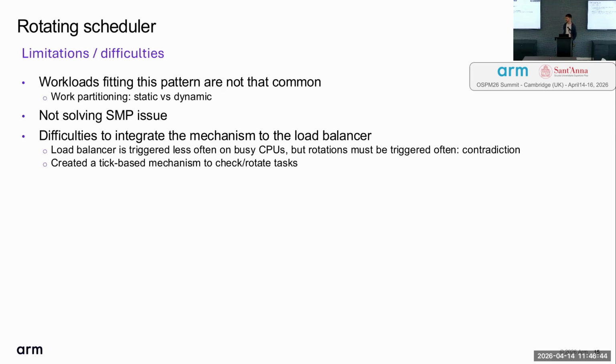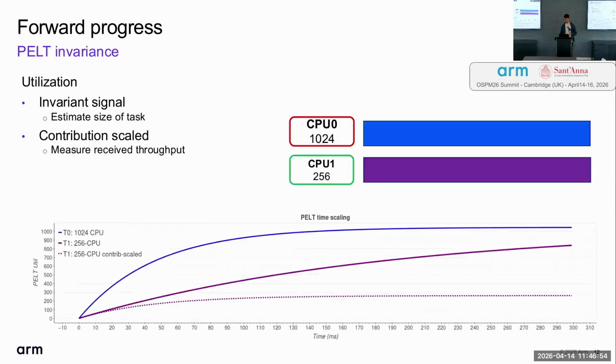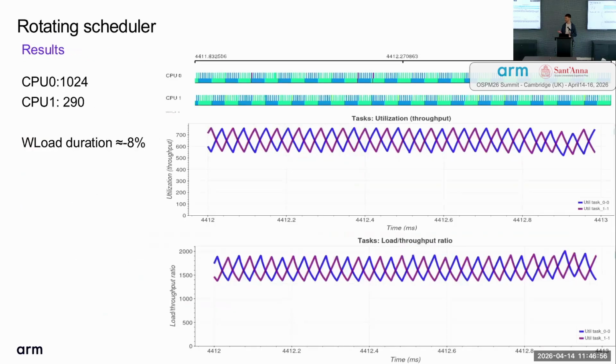Right now it's not incorporated, because in the prototype the only consideration is how to be fair. It's arguable, but there is more gain to be fair regarding the two tasks rather than being cache-hot. You could compare this, but it was not compared in this example, and it's not considered.